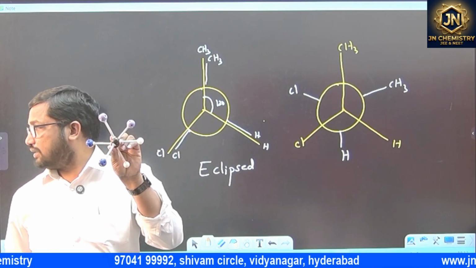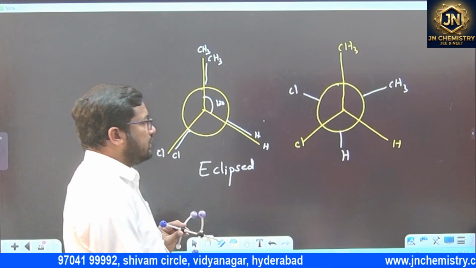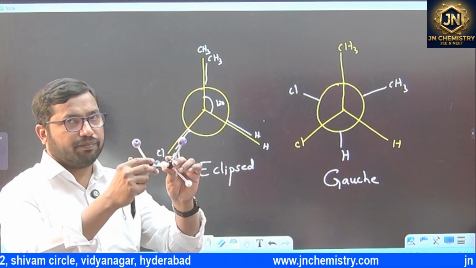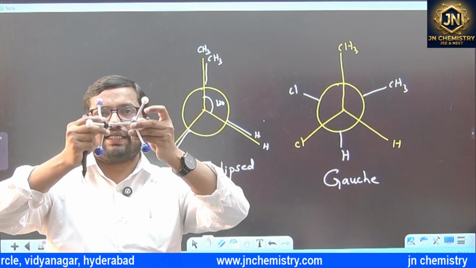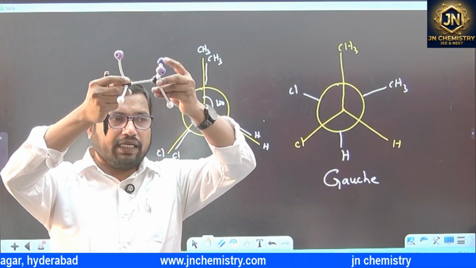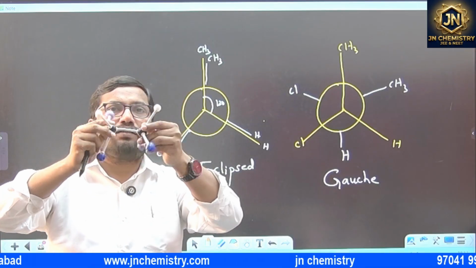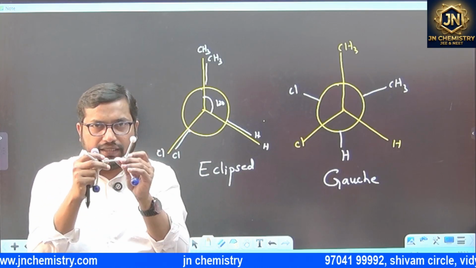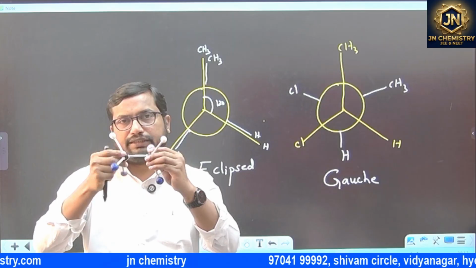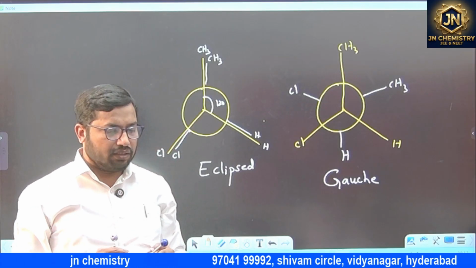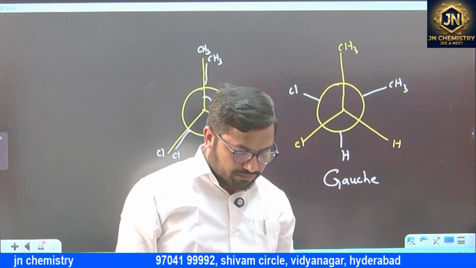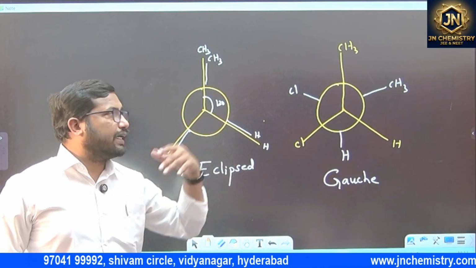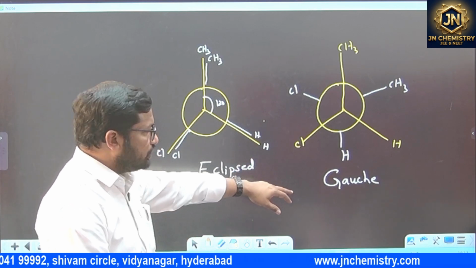Now you can see, right? Gauche form. The gauche form means free rotation is possible, so we get n number of infinite structures. When a single bond is there, free rotation is possible. In double bond and triple bond cases, free rotation is not possible; they will show geometrical isomerism. So now it is gauche form.